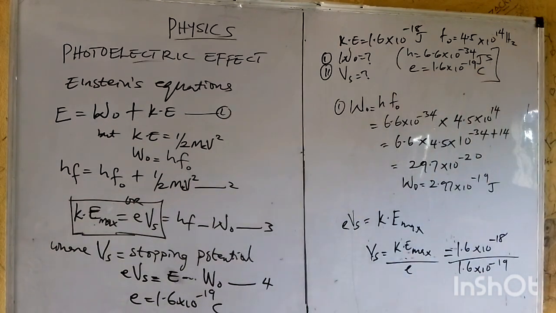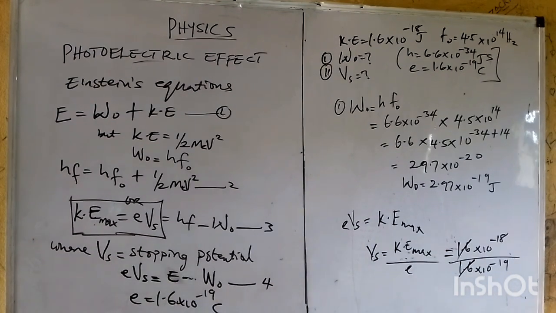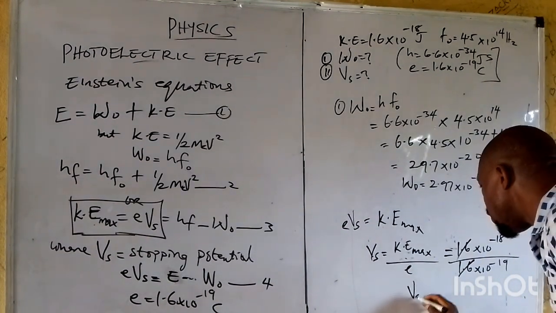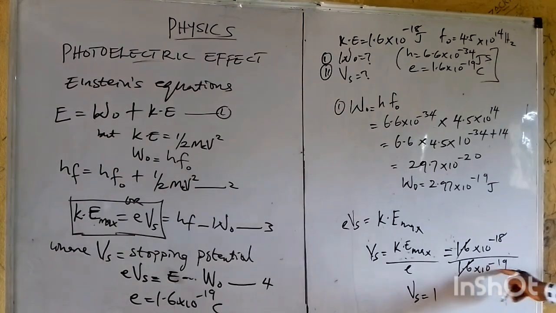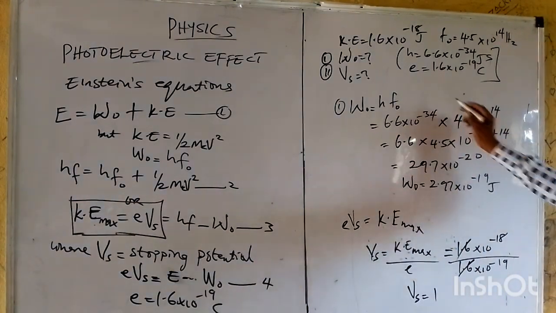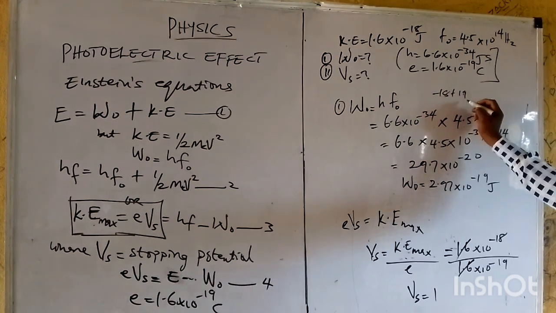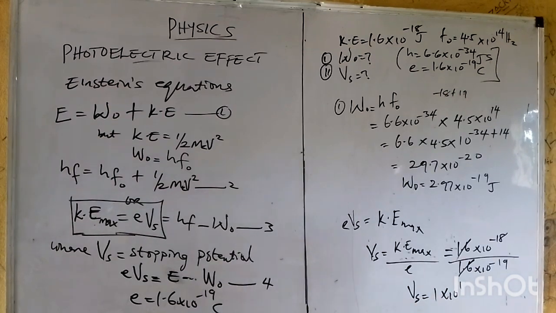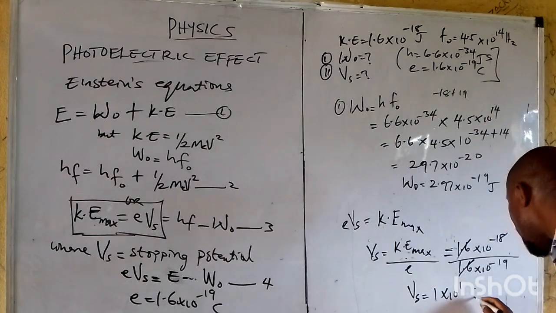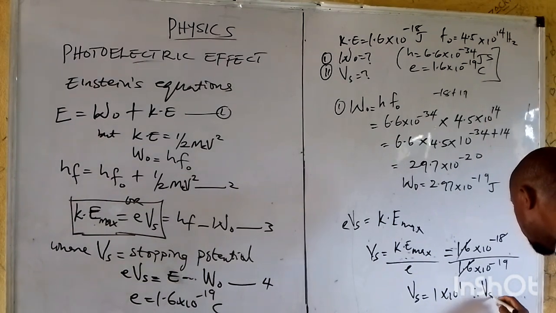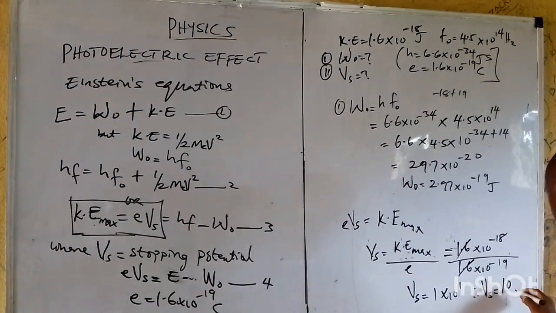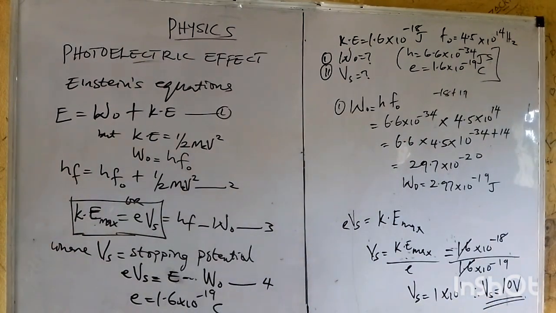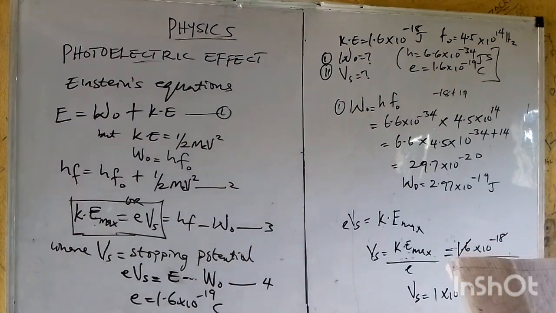Of course, this cancels this and gives us 1. So Vs is equal to 1, and if you send this one up, minus 18 plus 19 gives us 1. So 1 times 10 raised to power 1, and anything times 10 raised to power 1 is 10. Therefore, we can say that the stopping potential is 10 volts. So 10 volts, that is our stopping potential.